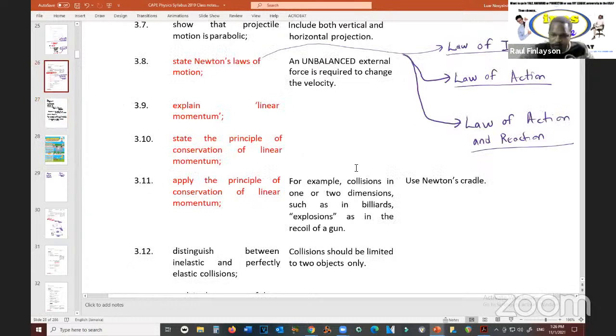Let's go back to the syllabus here. It says explain linear momentum. Something that we should explain.